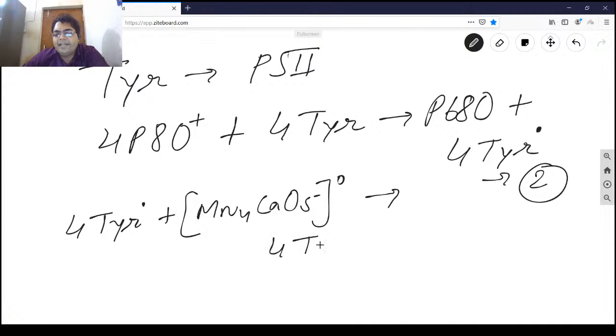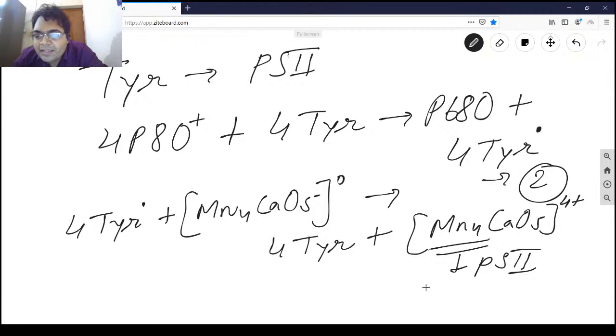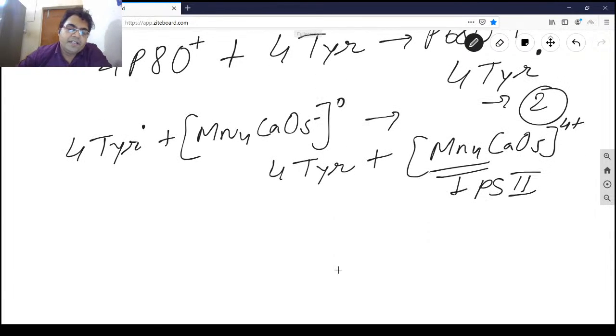The 4 tyrosines are converted from free radical to non-radical. But this Mn4CaO5 has lost 4 electrons, so it will become 4 positive. This is also present in PH2 only, an inorganic cluster in PH2.